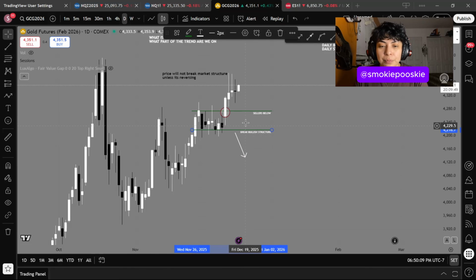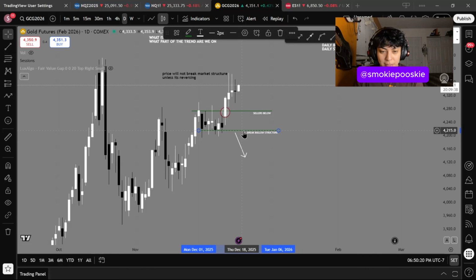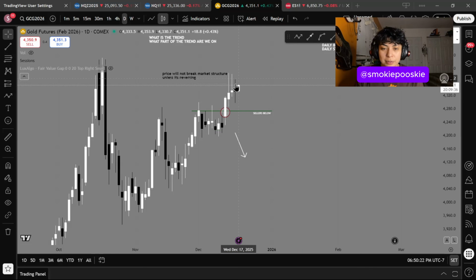But another thing, why don't I have this level right here marked up the entire time? Because price is all the way up here. Why would I mark something? I obviously have lows here, right? I have a low here.